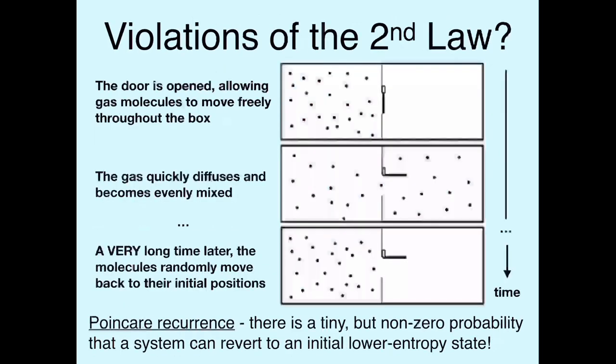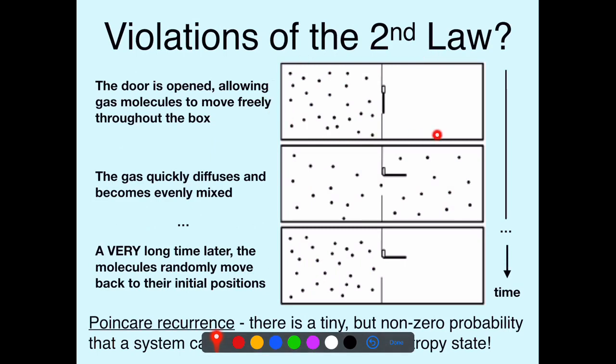To put that a little bit more clearly, the idea that you can technically violate the second law, but it's just very unlikely, let's think about a box of gas once again as our system.